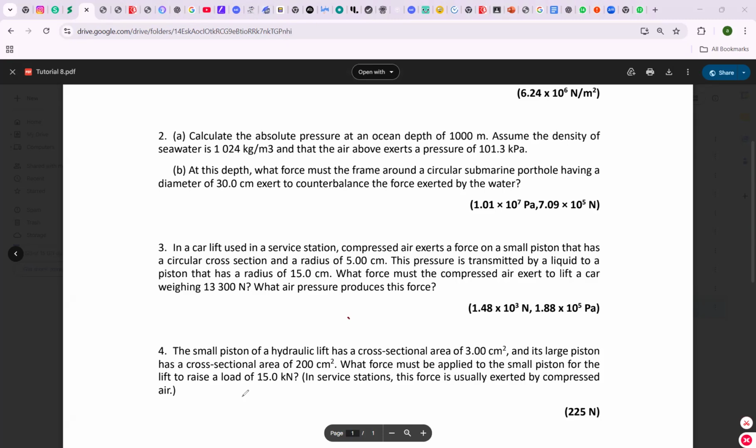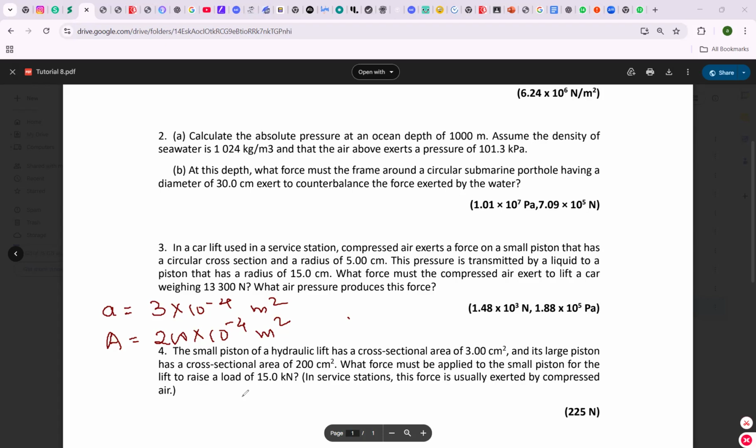So basically, small area will be 3 into 10 to the power minus 4 meter square. Bigger area will be 200 into 10 to the power minus 4 meter square. Basically, centimeter to meter is 10 negative 2, but centimeter square to meter square is 10 power negative 4.